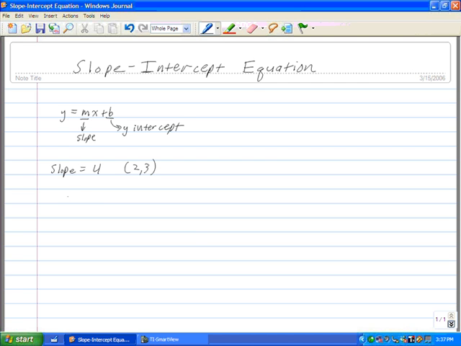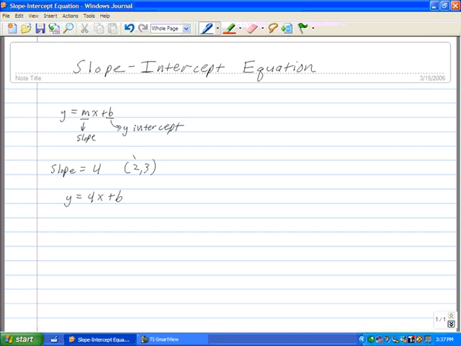Well, we've got this much. y equals 4x plus b, and b is unknown. Now, at this point in time, some books would have you use something called the point-slope formula, but that formula is actually unnecessary, because if the slope is given and a point is given, all it's missing is the b.